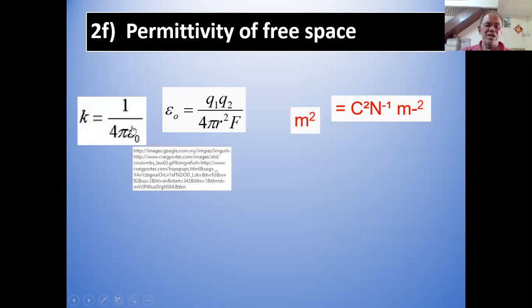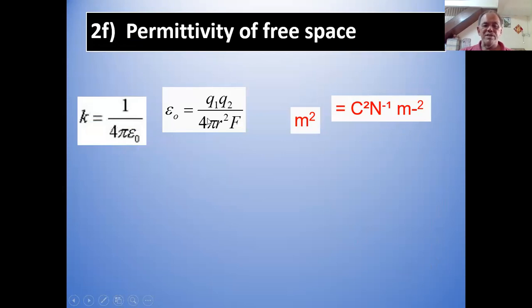So epsilon naught, we can rewrite from Coulomb's law. The unit in terms of Coulomb, Q and Q is in Coulomb, r squared is in meter squared, force is in Newton. So that's how we get our Coulomb squared Newton minus 1, meter minus 2.